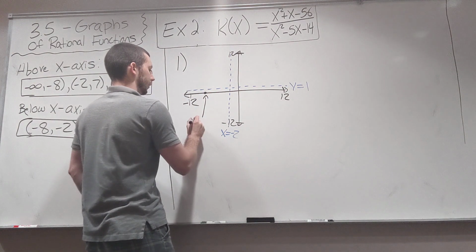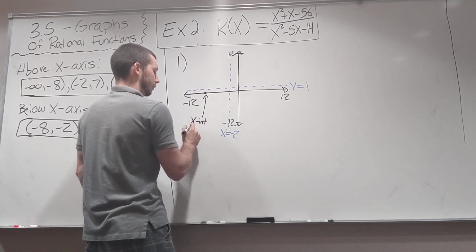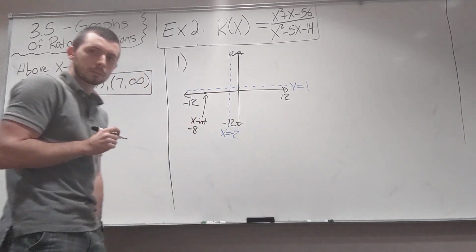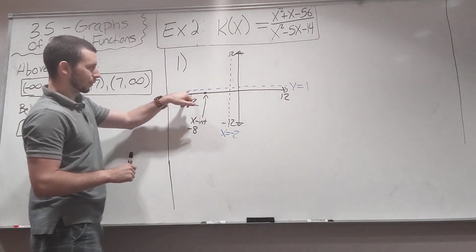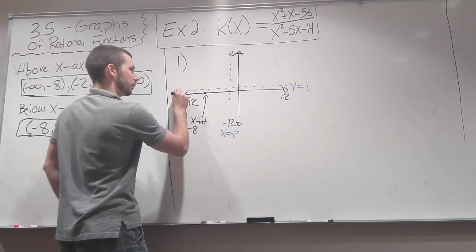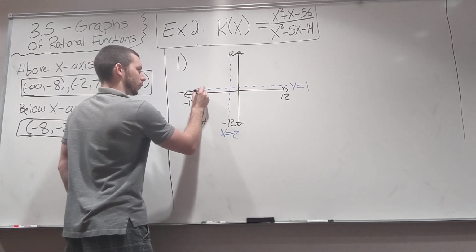So right there is the x-intercept of negative 8. And so we are above the x-axis from negative infinity all the way to negative 8. So notice that there's a little bit of room right here.